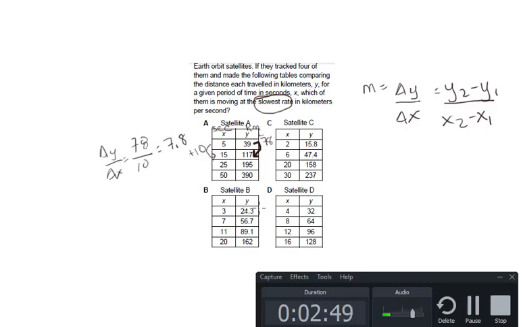And if you do that for each table, this is 32.4 over 4, which is 8.1. This one here will be 7.9, and then 8 for D. So the lowest rate of change, or our slowest rate, would be A, because we're going the fewest. This is kilometers per second.